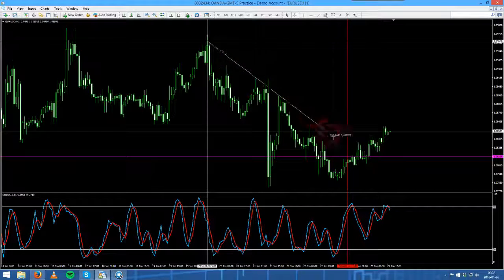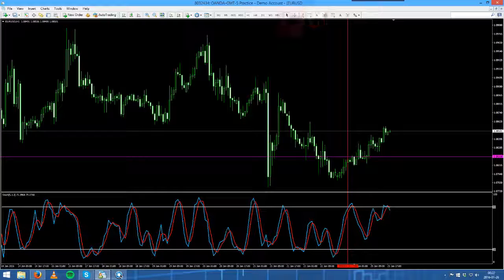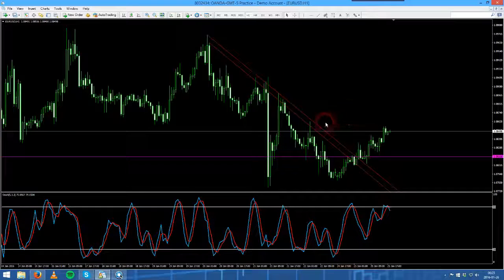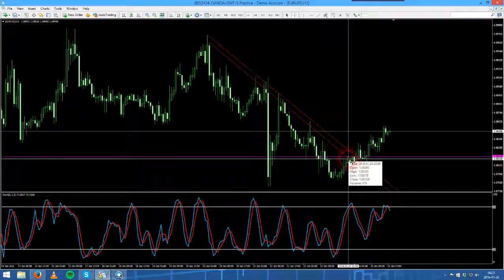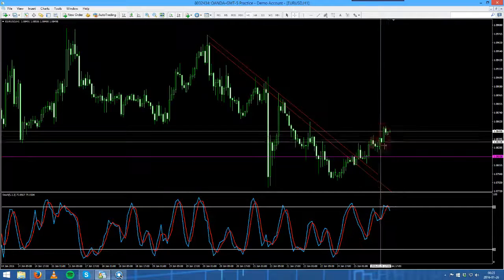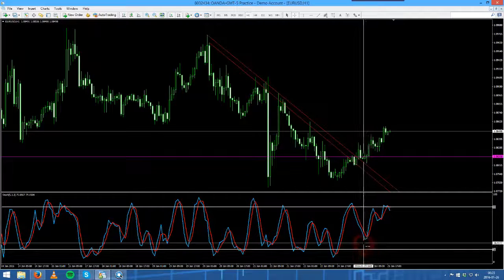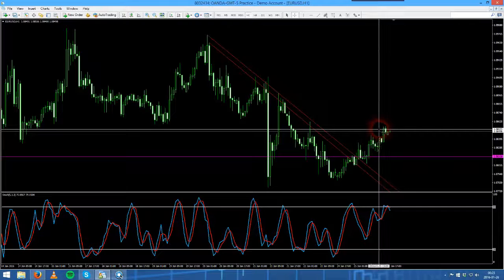So if the trend would have continued down, let's put another trend line here so you can spot this area. So in this area, just so you understand, this is just an area, it's not really an exact line, it's an area of a downtrend. So you can see on this candle, prices got overbought, but then broke above, it came down, touched this line, didn't completely get oversold, and then continued up.